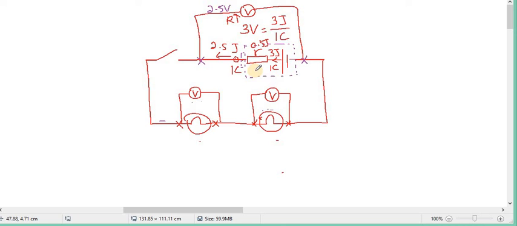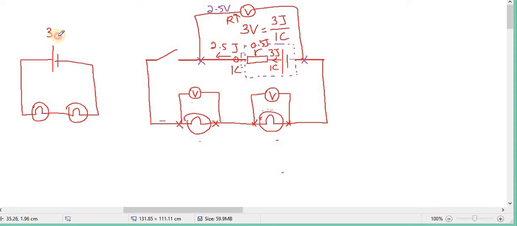Okay? This is the concept from what you learned about series circuits. If you still remember, in a series circuit, how is the voltage distributed?